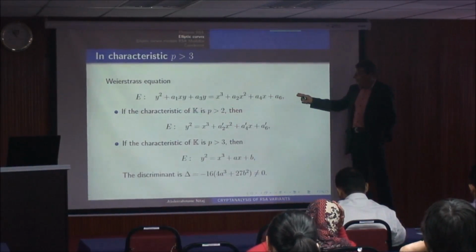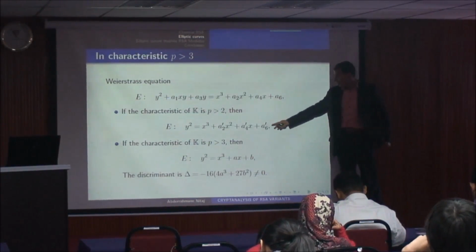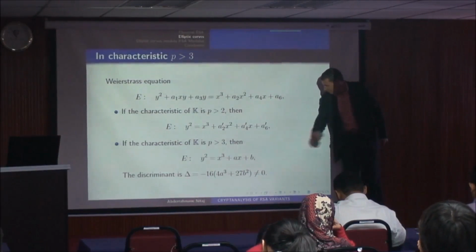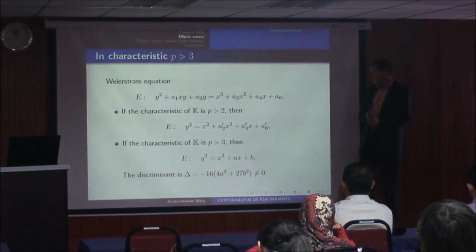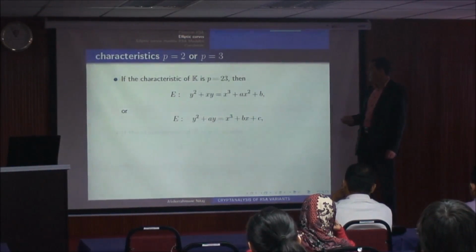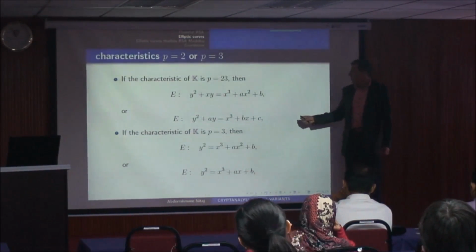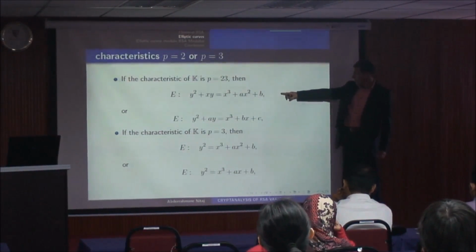These are the equations of the elliptic curve. The first one is general, the second one is for characteristic larger than 2, and the next one is for fields with characteristic larger than 3. When the characteristic is 2 or 3, we can get other Weierstrass equations.